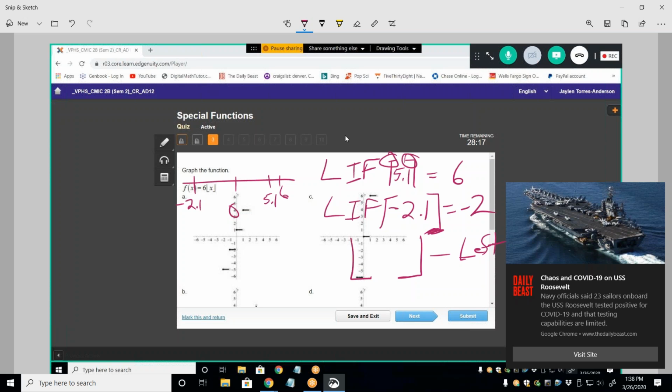So tell me what this is. What is that? Go to the left. It's the first integer you run into when you go to the left.